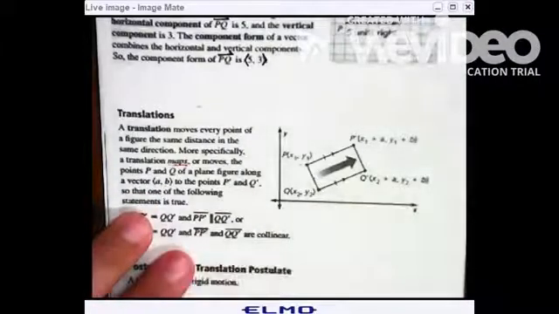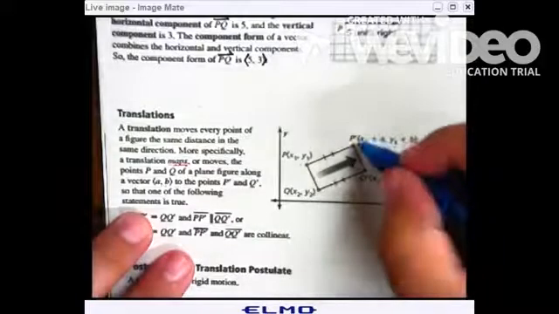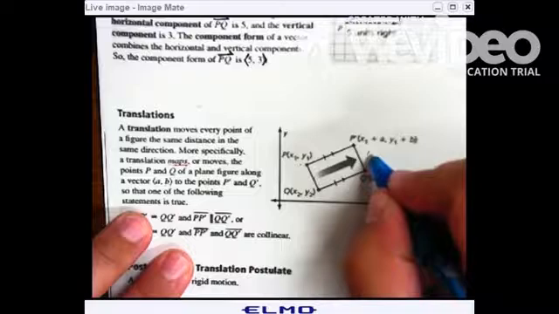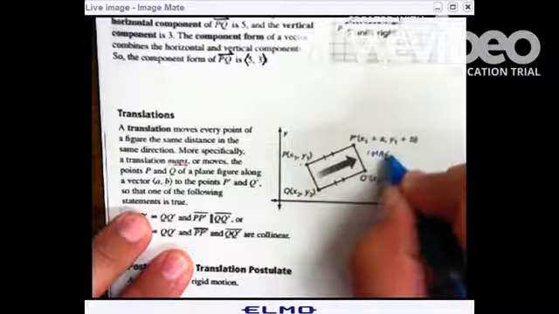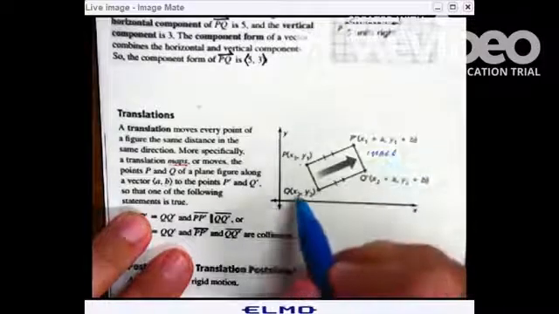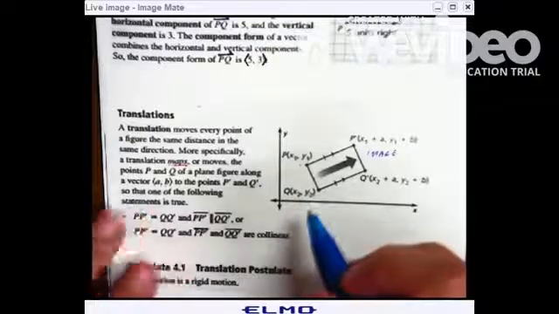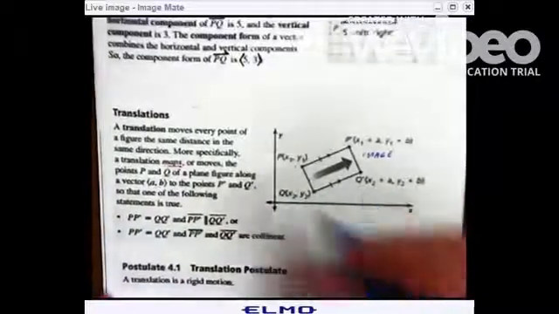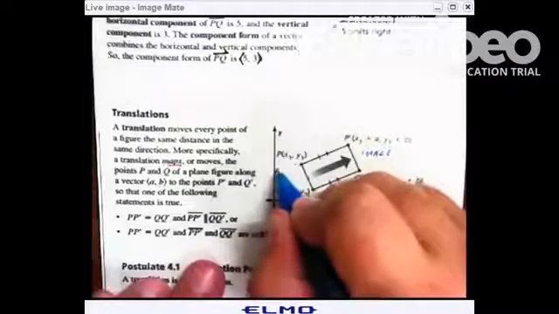Now, when it does this, the segment P prime Q prime is called the image. All right. The image. It is made in the image of the original. It is not the original. It just has the image of the original. The original is called the pre-image.